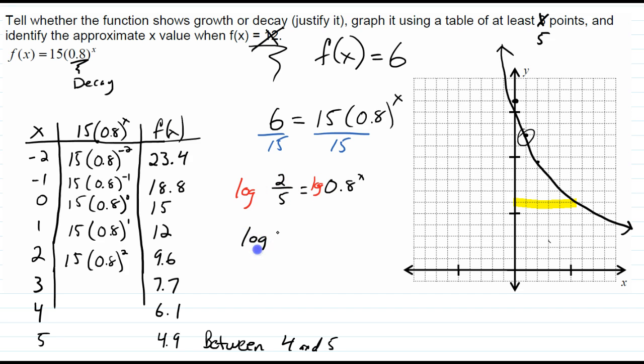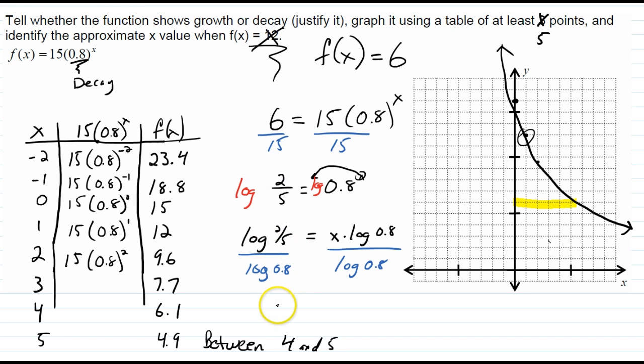We get the log of 2/5 is equal to, now the reason we take the log is so that we can use our property and put the exponent out front, and so we get x times the log of 0.8. And now this is just x times this log, so we divide both sides by the log of 0.8. And so the exact answer is x equals the log of 2/5 over the log of 0.8.